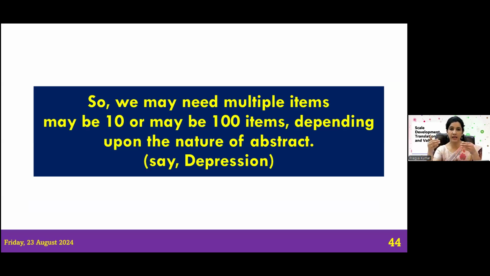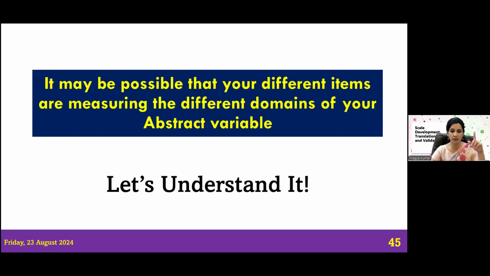So you may have items ranging from 10 to 100, or as small as 4 items also. But generally, you cannot measure it with one item or one variable, because item and variable are the same in the context of scale measurement and development.